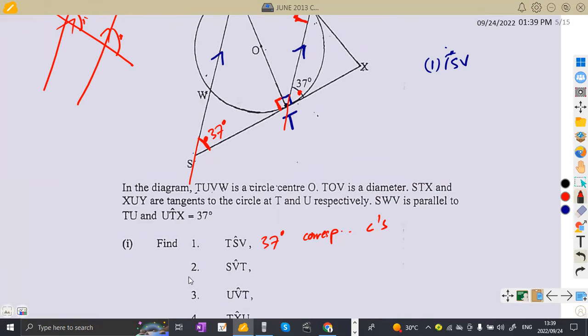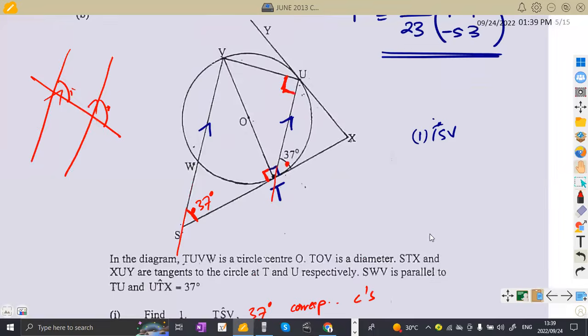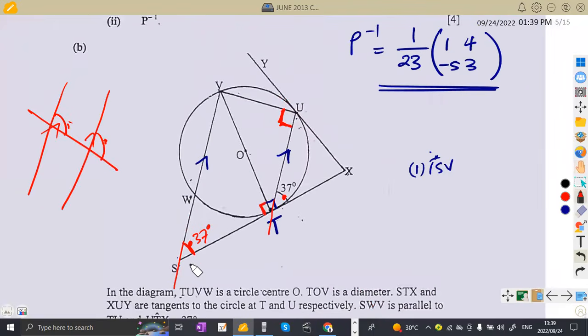What about item 2, which is SVT? So this is SV to T. So we've got S here, and this is our V, and this is our T. So we need this angle here, SVT. So like I said previously, guys, a diameter to the tangent meets at 90 degrees. So this is going to be 90 degrees. So in triangle SVT, you know that angles in a triangle add up to 180 degrees.